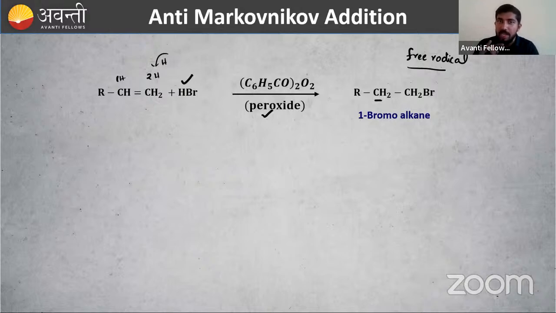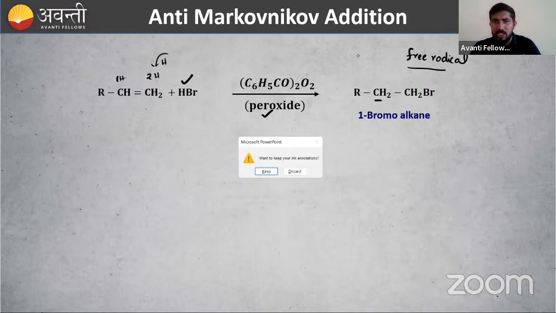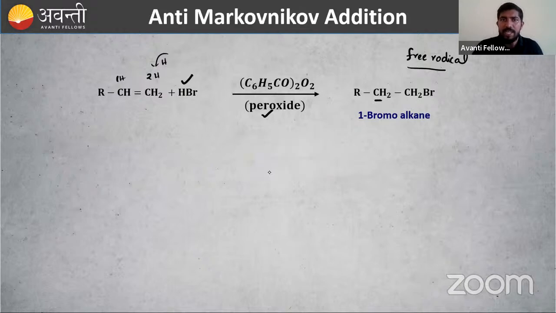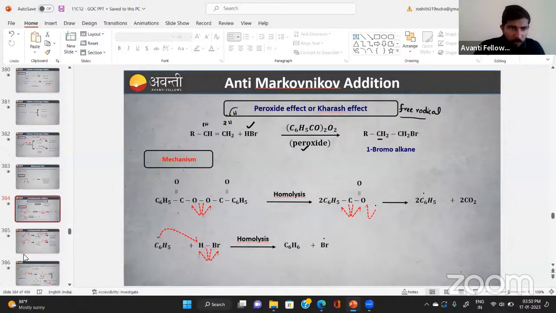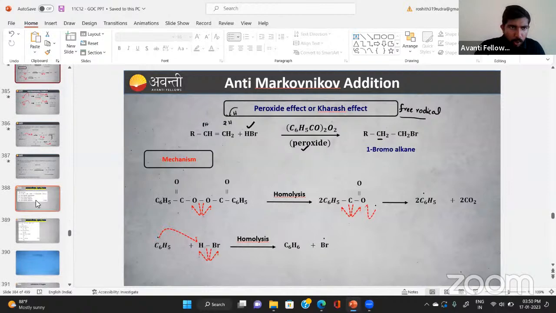Only for HBr in the presence of peroxide, we have to follow anti-Markovnikov addition. That is, 1-bromoalkane is the major product. Earlier, 2-bromo. Okay, here it is 1-bromo. So that is all about anti-Markovnikov addition. It follows the free radical mechanism.